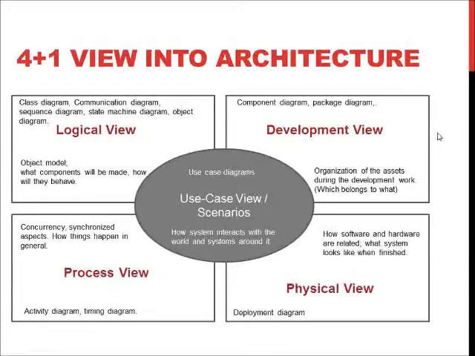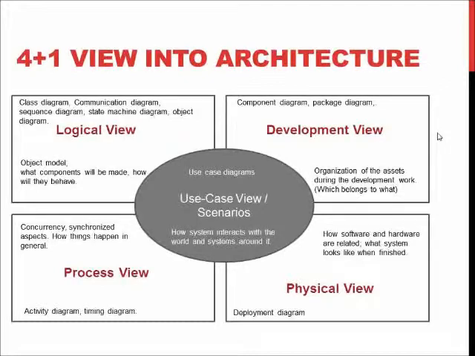We have class diagrams and state machines telling us what components will be made and how they will behave, more or less. There's activities defining how concurrency and synchronized aspects happen, or how the software behaves in the real world. So the user pushes a button on the web store and stuff starts to happen. Of course, we have to know what that stuff is because we are designing the software. So that's why we also have to have the way to show it.